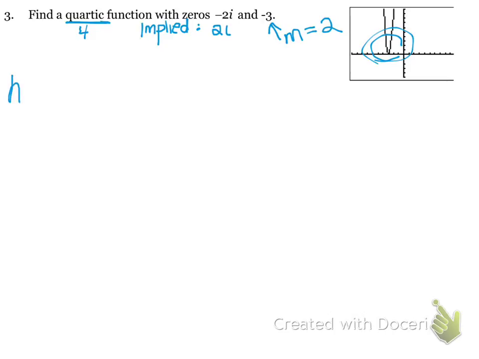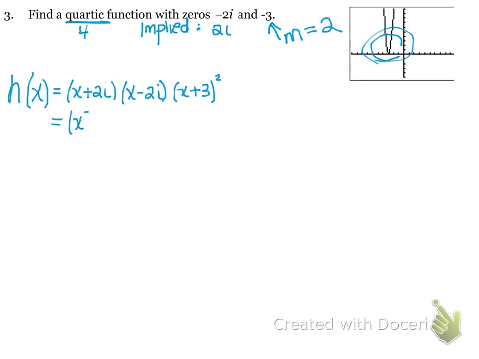So let's write it in factored form. Let's call this polynomial h. So we have h equals x plus 2i, x minus 2i, and then x plus 3, but it has a multiplicity of 2, so we square it. So I'm going to FOIL out the two left factors, and then I'm going to expand x plus 3 squared, all in one step.